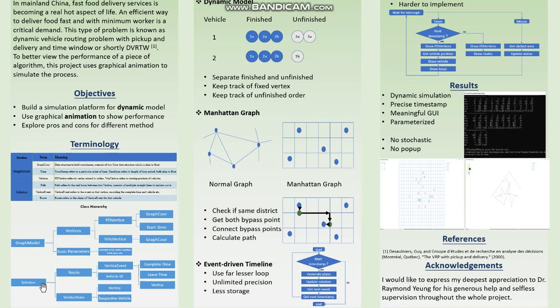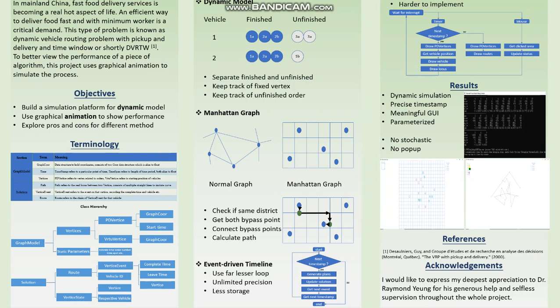Another main class is solution, used to hold the solutions. For each vehicle, it has a route. The route will record the vehicle ID, and it consists of a chain of vertex events.